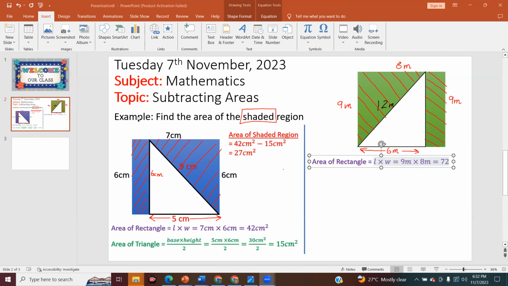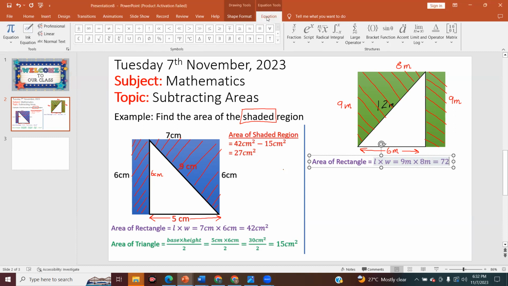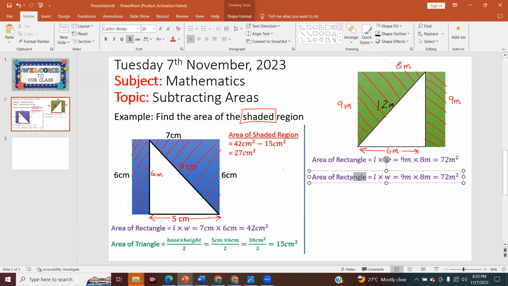Next up, so we got the area of the rectangle, which is going to be 72 meters squared. Now, next person, Samaya, what is the next thing we're gonna do? We have to find the area of the triangle. Okay, how do we find the area of the triangle?